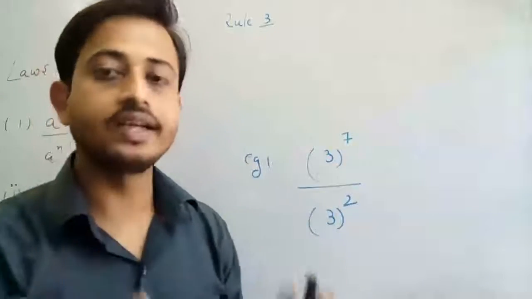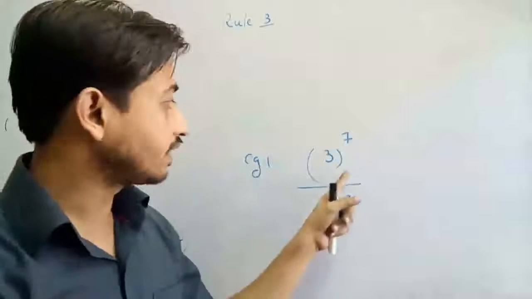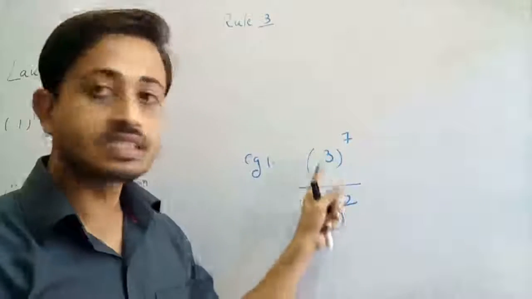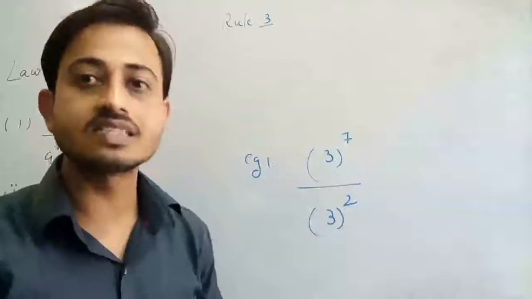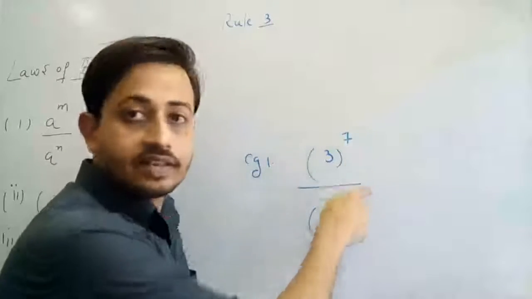So whenever you find terms in the form of division and you get the exponent 3, it means the exponent is same but the power is different.